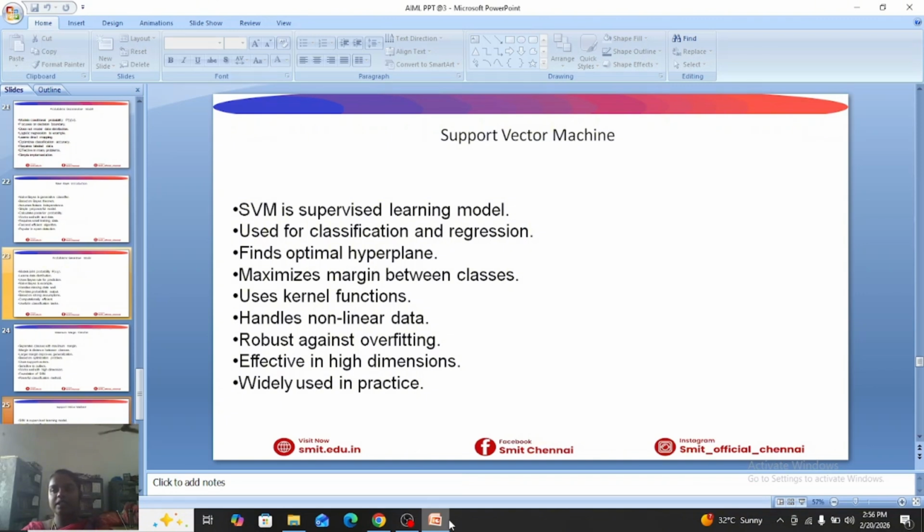It separates data points of different classes with maximum margin in high dimensional spaces, and it's widely used in pattern recognition tasks. Hard margin support vector machine is used when data is perfectly linearly separable.